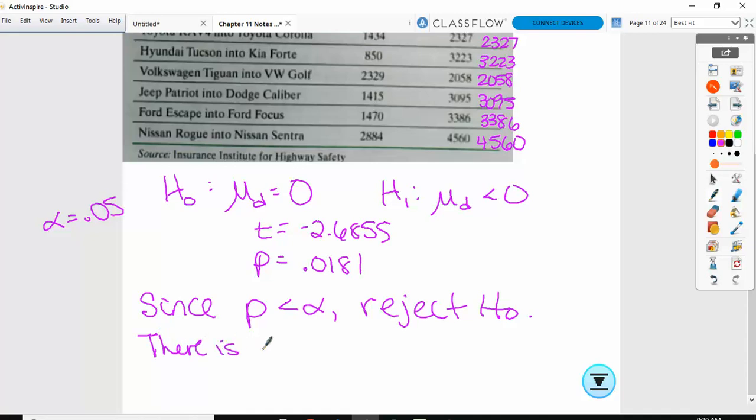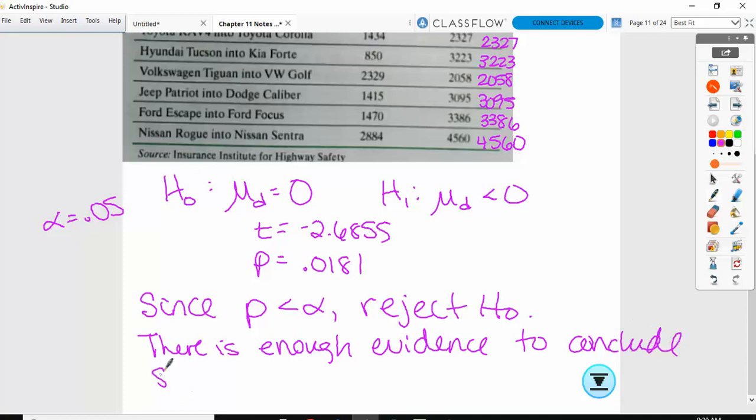There is enough evidence to conclude SUVs have less damage. Okay. Any questions for me?